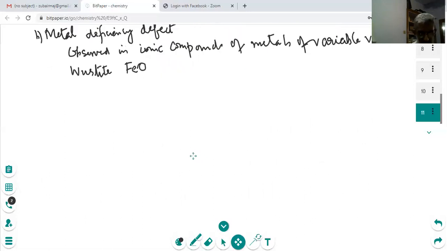Now, some of the Fe2+ will be lost. So in the FeO crystal, some Fe2+ is lost.